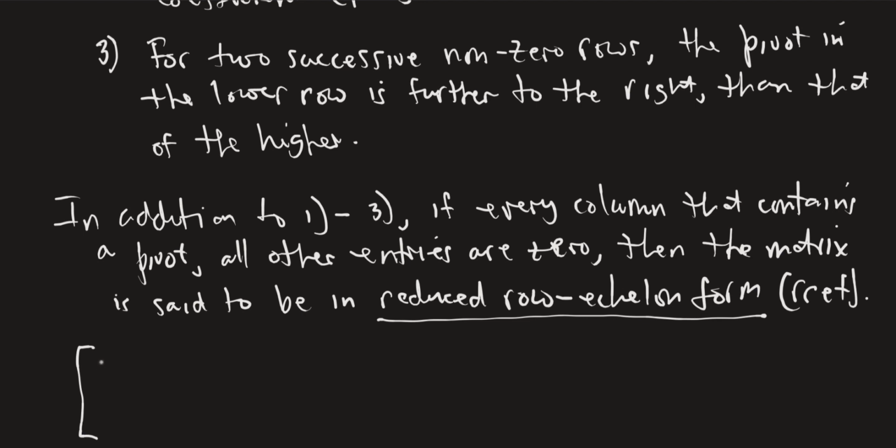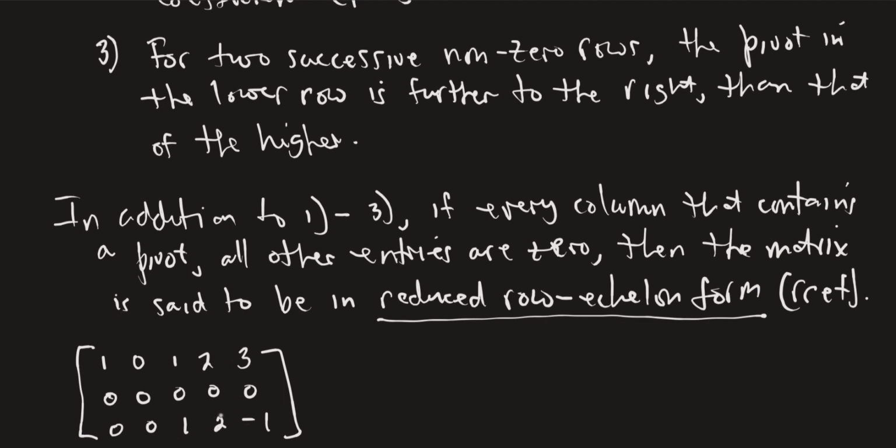But let's take a look at something like this. Let's say we have 0, 0, 0, 0, 0, and 0, 0, 1, 2, -1.